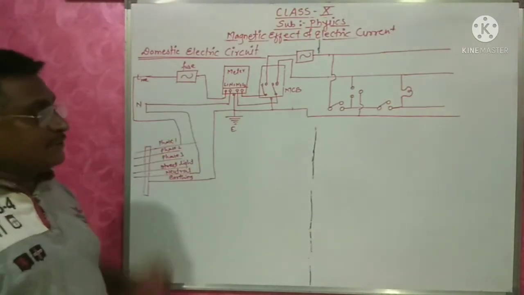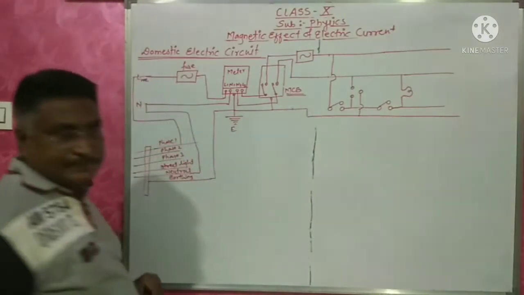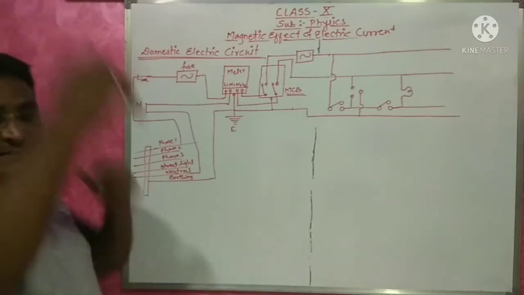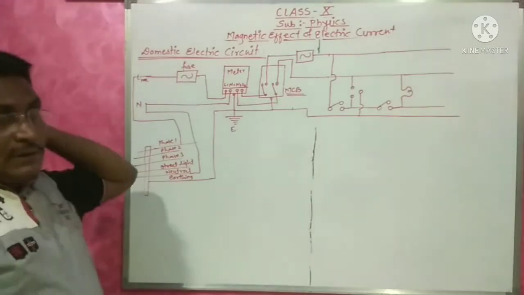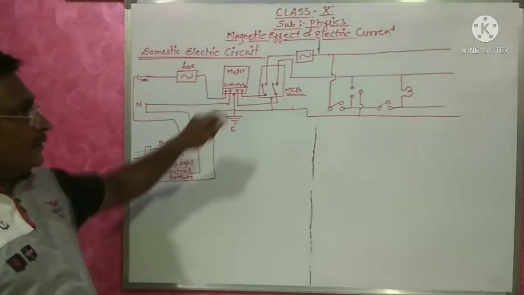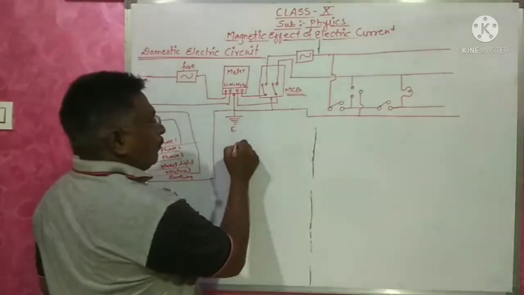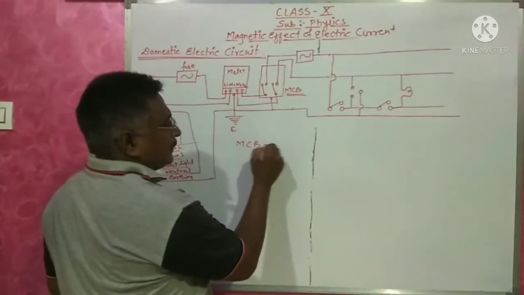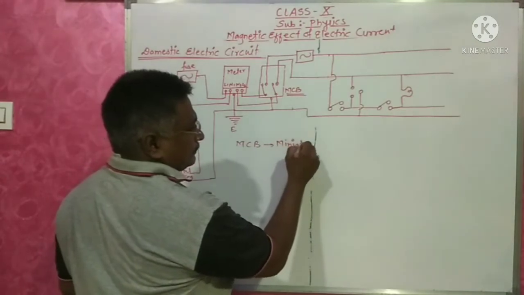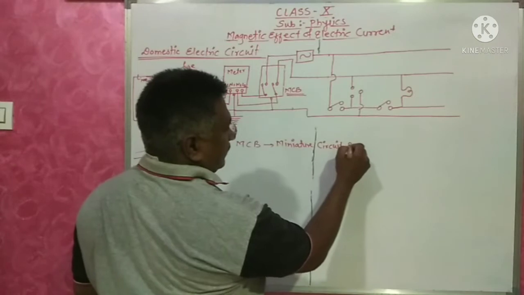Now instead of the main switch we are using MCB, at the side of the meter, up, or inside the home. Many switches are there in one box. That is called MCB. What is the long form of MCB? Miniature circuit breaker.